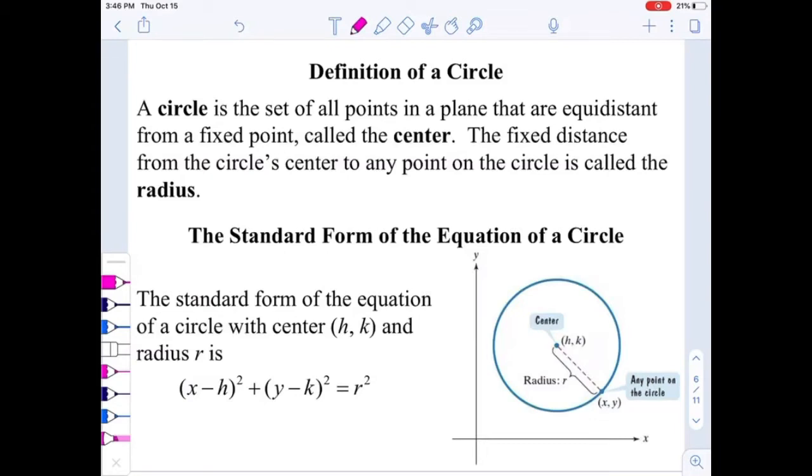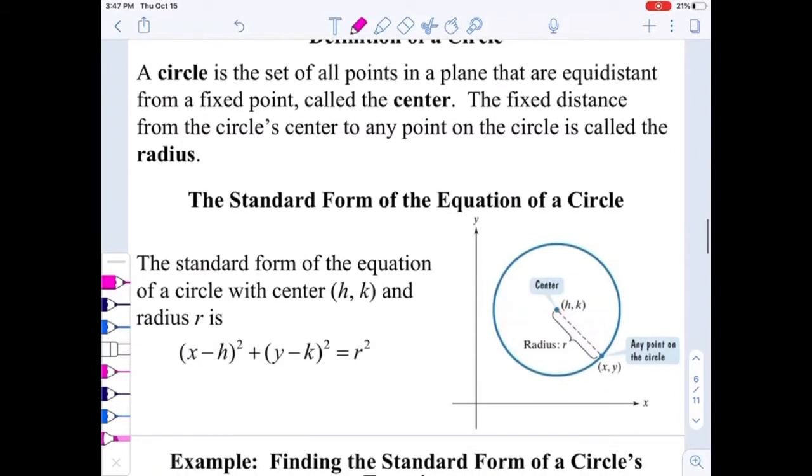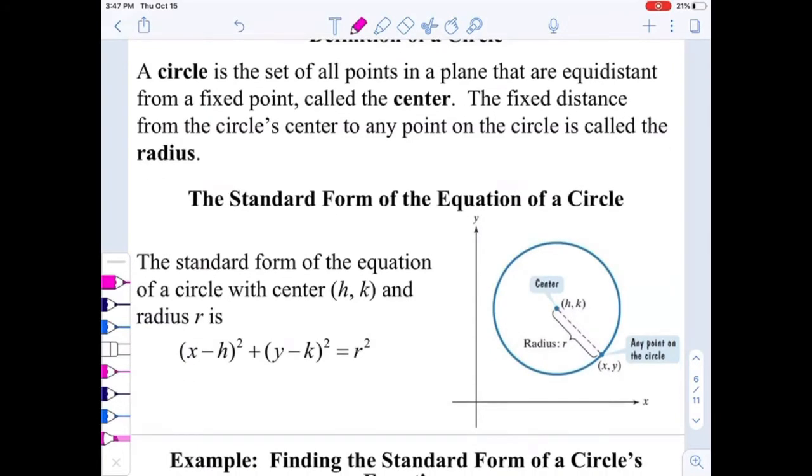So the standard form of the equation of a circle with center h, k, and radius r is we're going to have x minus h squared plus y minus k squared is going to equal r squared. Now the general, very basic concept of a circle is if you would have had an x squared plus y squared is equal to r squared.